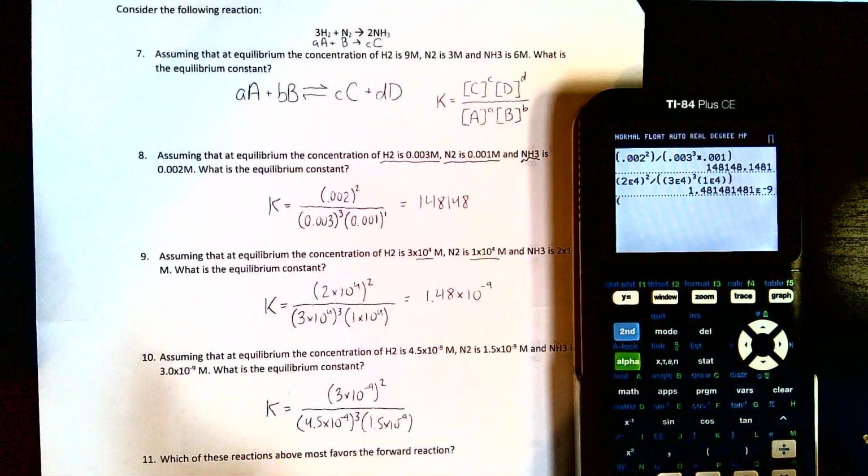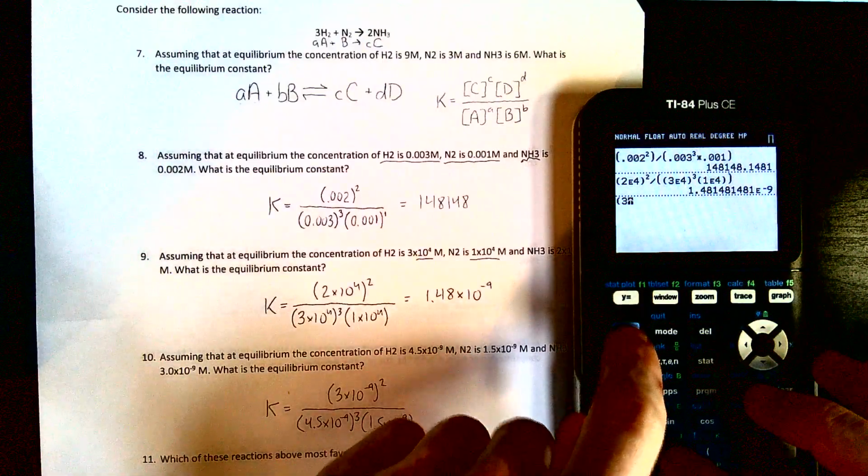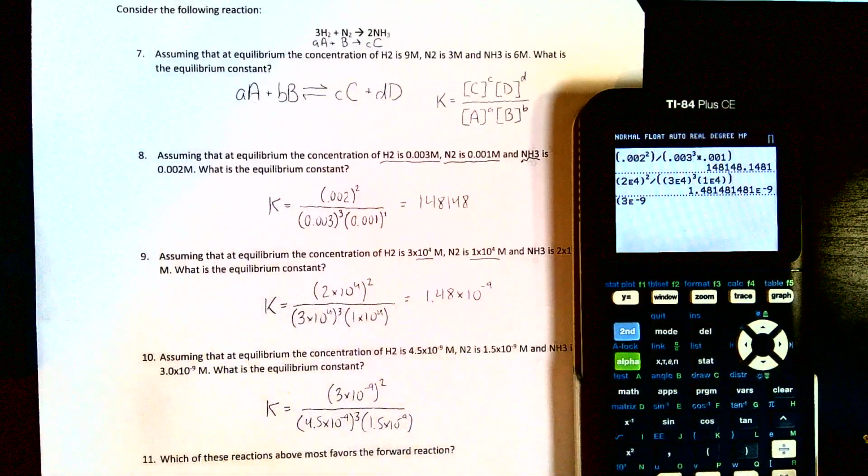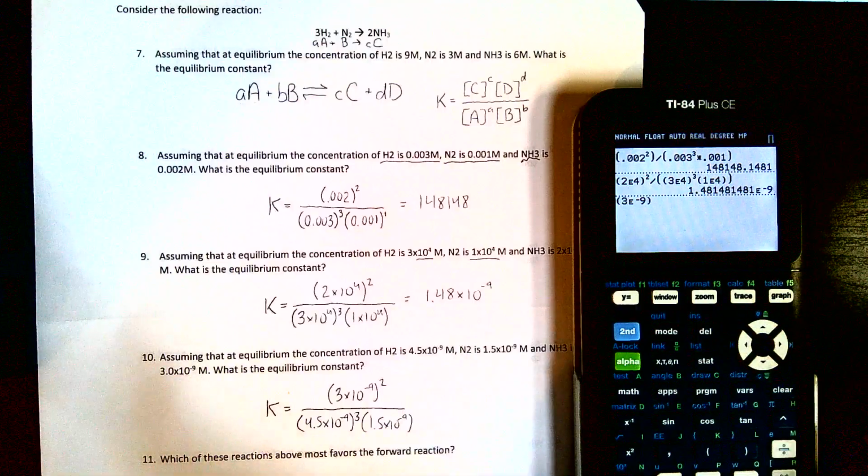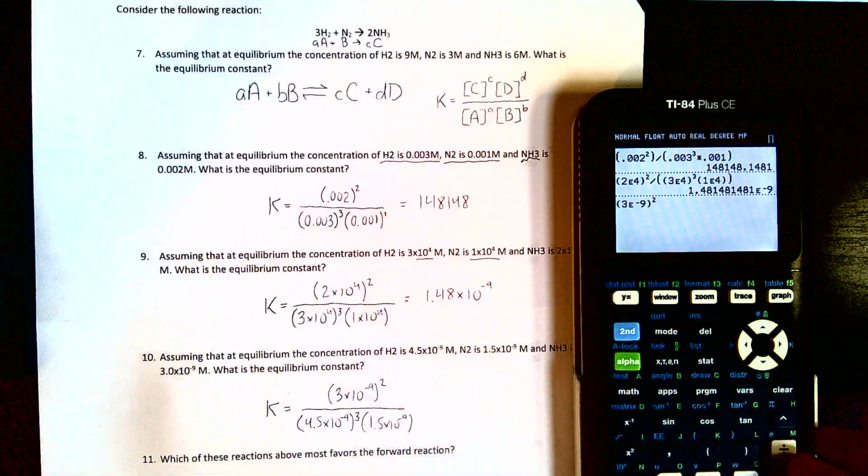Remember the top, we're going to put in parentheses, 3 times 10 to the negative 9, close it, and square it. Divided by 2 parentheses here.